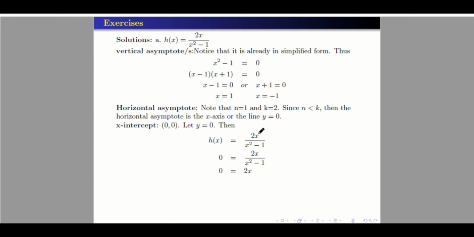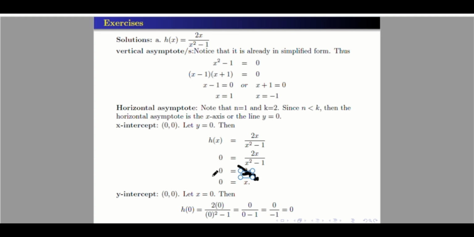If you want a shortcut, just equate your numerator to 0. So 2x equals 0. Divide both sides by 2 so that we can cancel 2. 0 over 2 is 0. So x equals 0 and y equals 0. The x-intercept therefore is (0, 0).